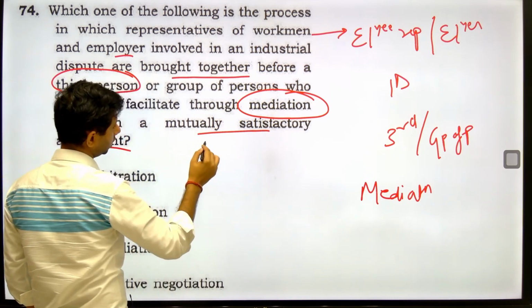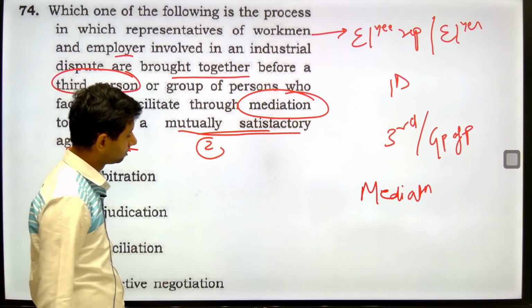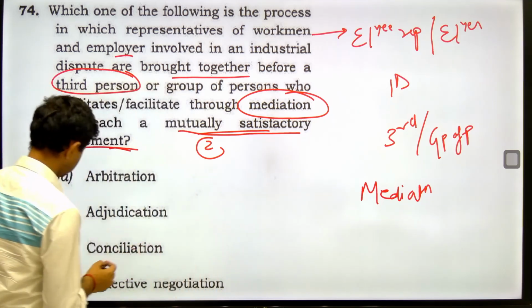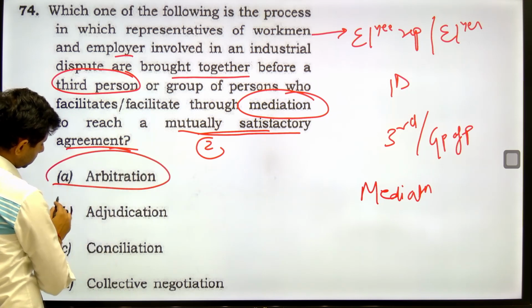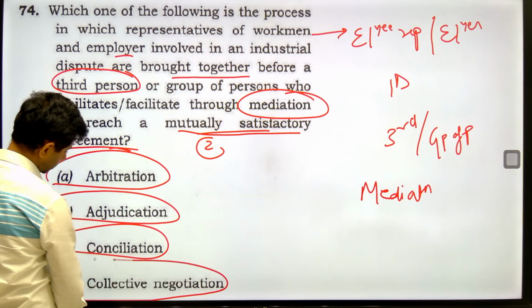Mutually satisfactory agreement is another key term. Let's see the options: arbitration, adjudication, conciliation, and collective negotiation.